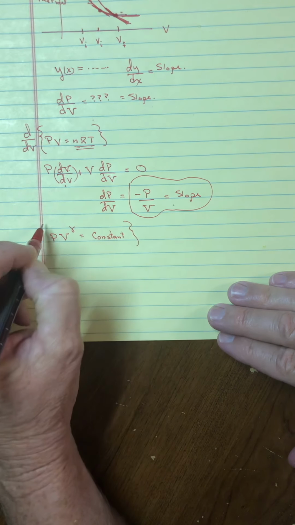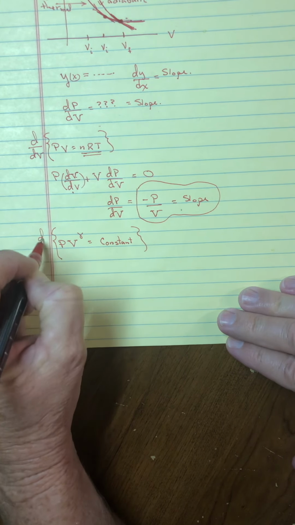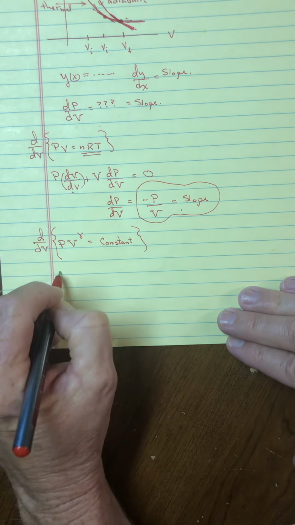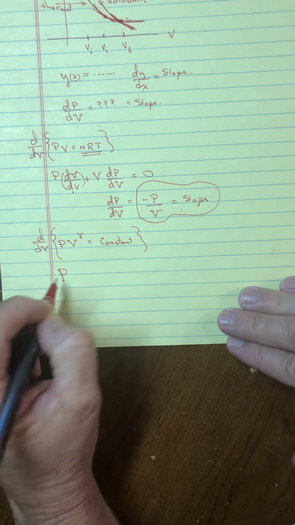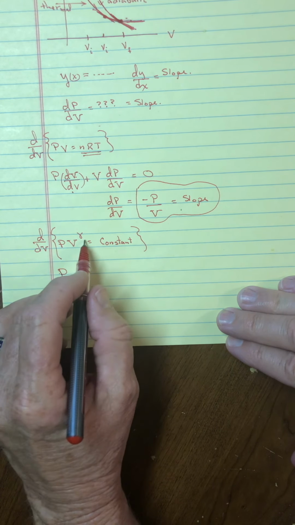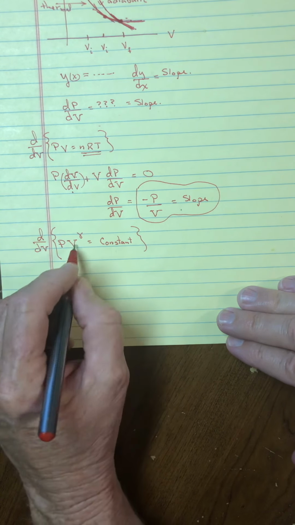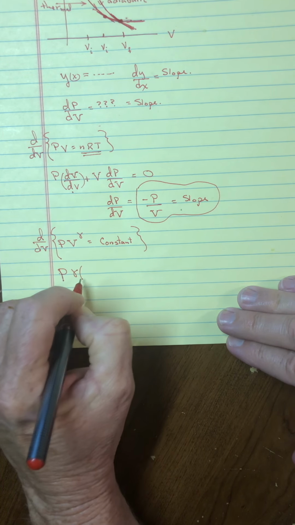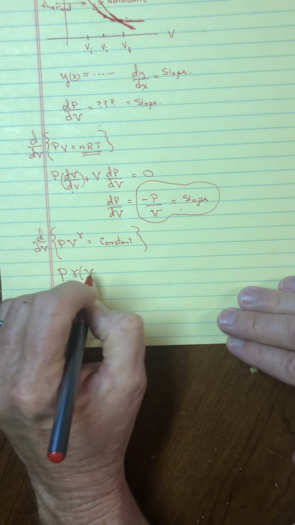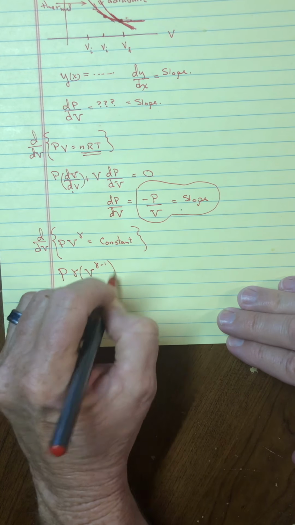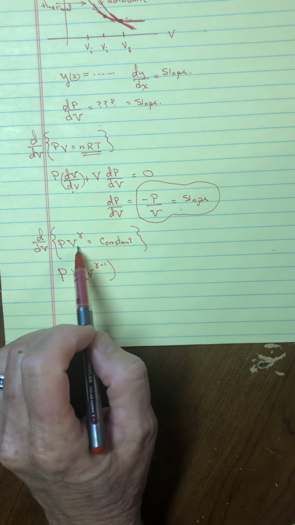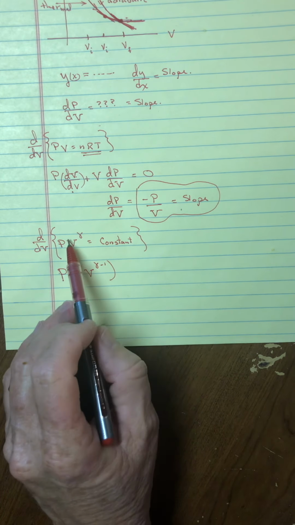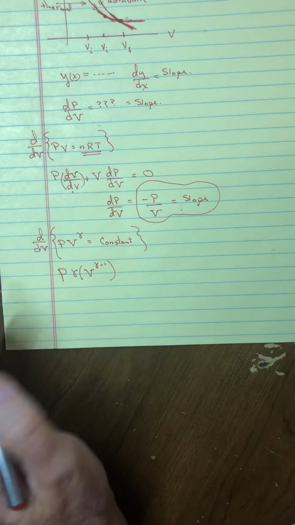So if we take the whole equation again and take the derivative with respect to volume, we would have the first times the derivative of the second. And so this would be gamma, and then volume to the gamma minus 1, because it's a power function. If you remember, when you take a derivative of a power function, you bring down the exponent, so there's the gamma, and then you reduce the exponent by 1.